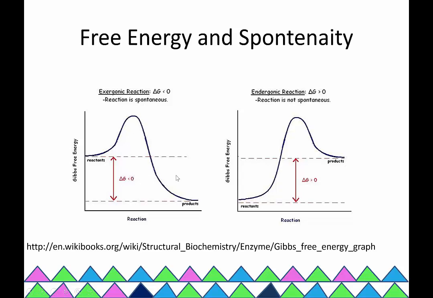But just because a reaction's spontaneous, it doesn't mean that this reaction only goes in the forward direction towards the products. What happens is when this reaction reaches equilibrium, you have more products than you do reactants. And similarly for the non-spontaneous reaction, the reaction doesn't just go from products to reactants. The reaction takes place both directions, but you'll end with more reactants than products once the system has reached equilibrium.